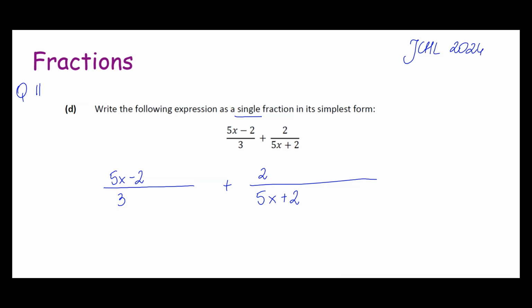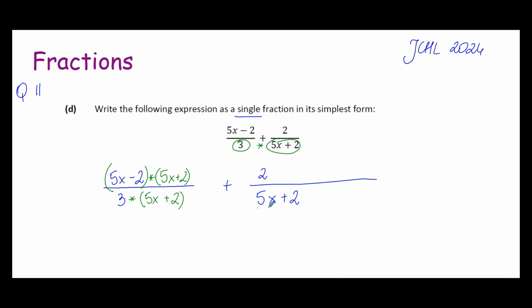How it works is that the denominators multiplied by each other will be our common denominator. So this number will be multiplied by the denominator from the other fraction. Now, I can do that as long as I multiply the top of the fraction by that number, okay?